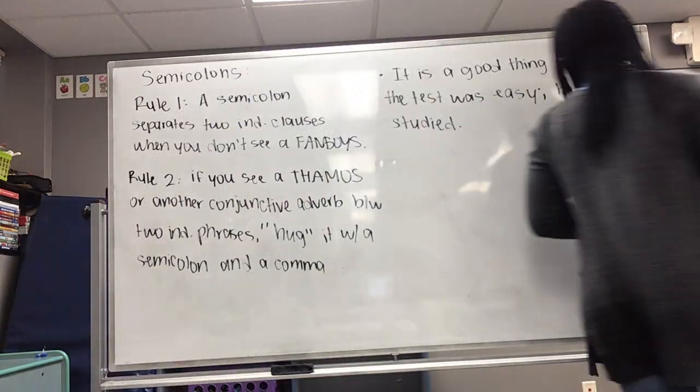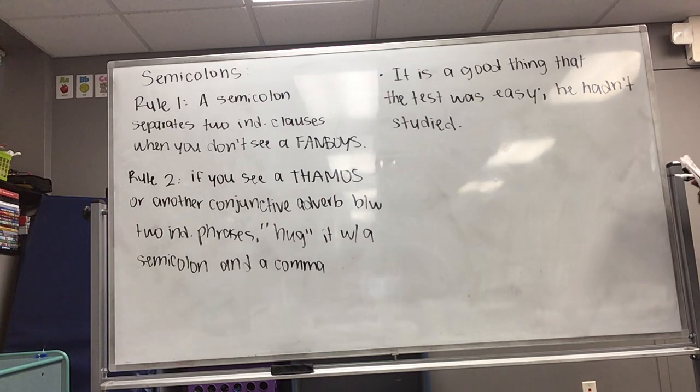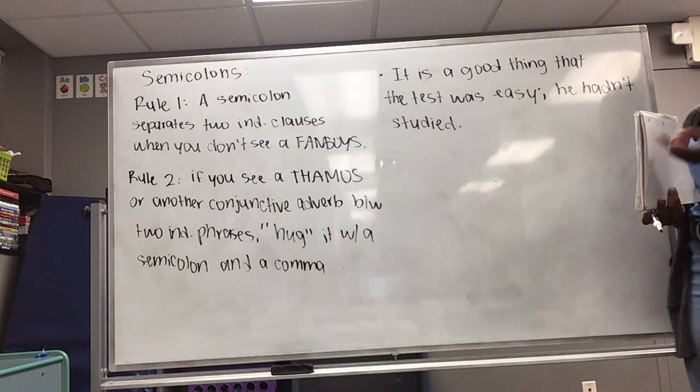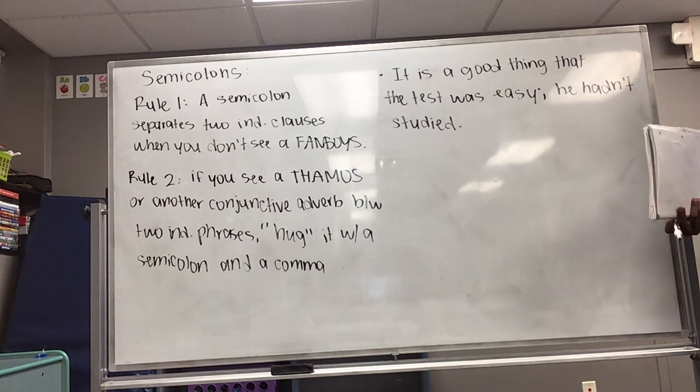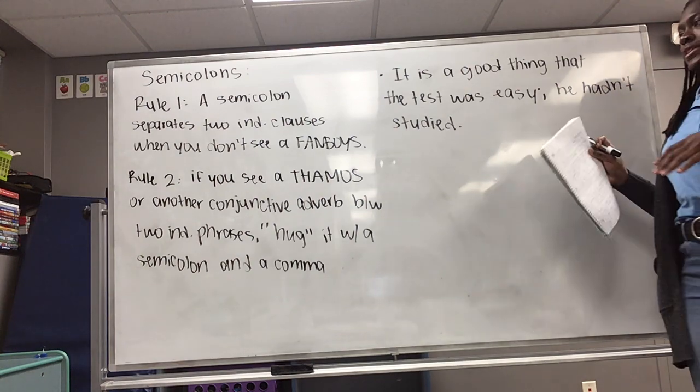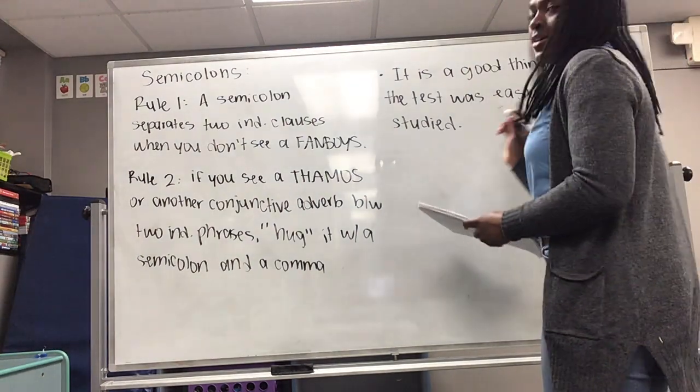Okay, so second rule is that if you see a FAMOS or another conjunctive adverb between two independent phrases, you're gonna hug it with a semicolon and a comma. So I'll show you an example of how that looks.